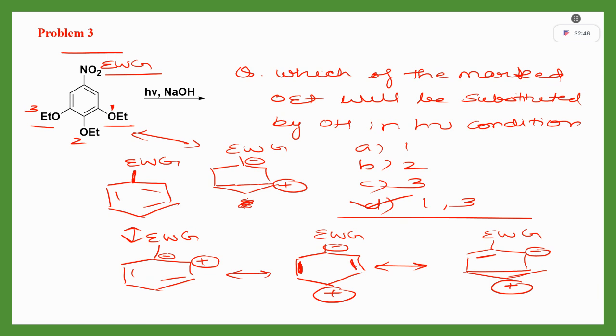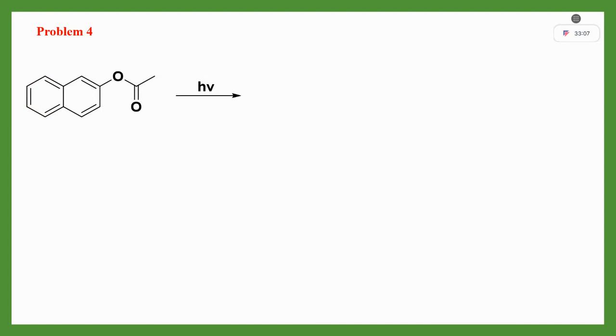This same condition, if you try in thermal condition, will not work. That is the advantage of your photochemical condition. In photochemical condition it has been found that at the meta position they will be substituted by OH. Understood? Okay. So this is your problem number 4.